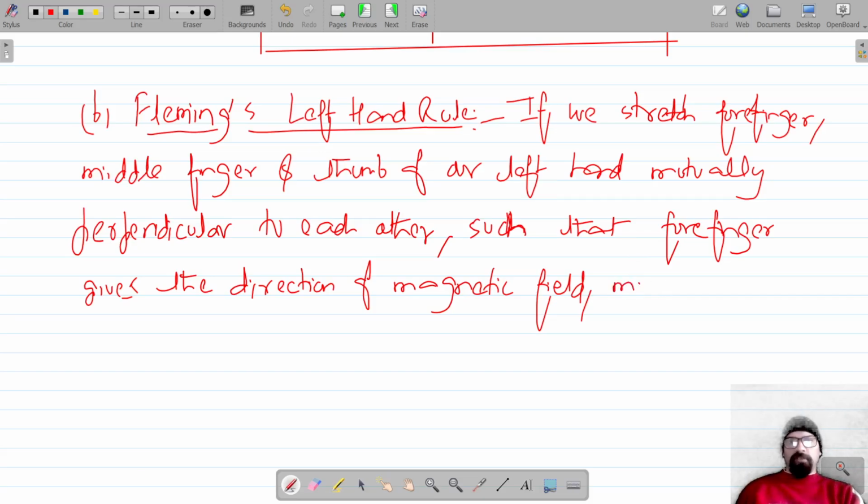Align your middle finger in the direction of the current, so that the forefinger gives the direction of the magnetic field and the middle finger is pointing in the direction of the current.